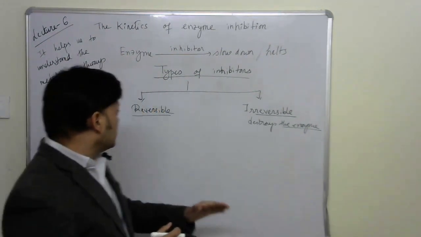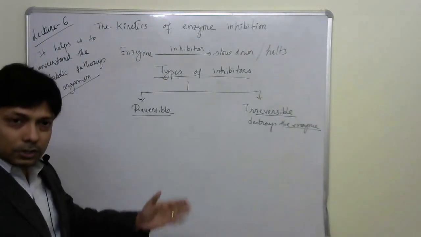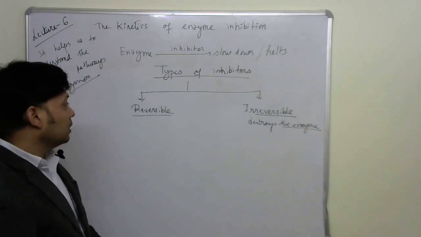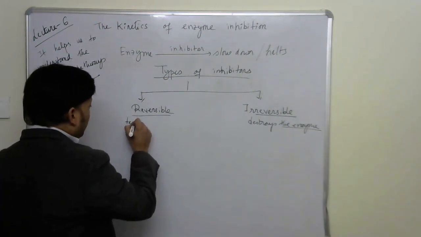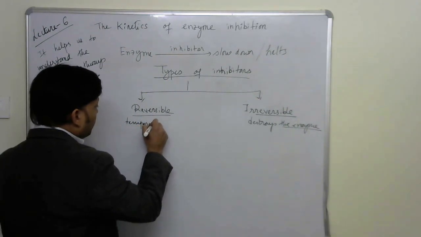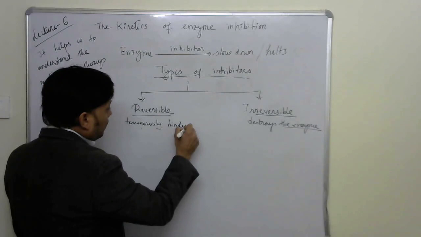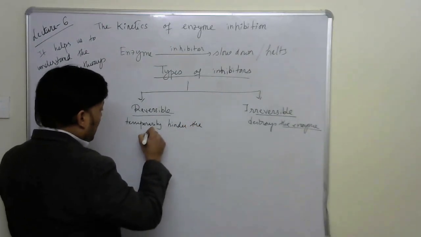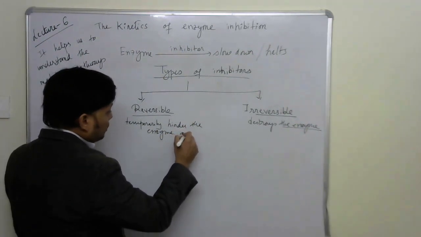And of course, the reversible inhibitors are just the opposite of irreversible inhibition. Here, the inhibitor temporarily hinders or blocks the enzyme action.